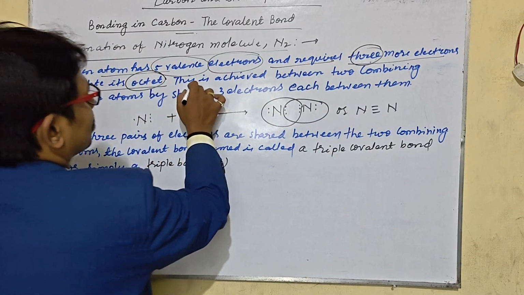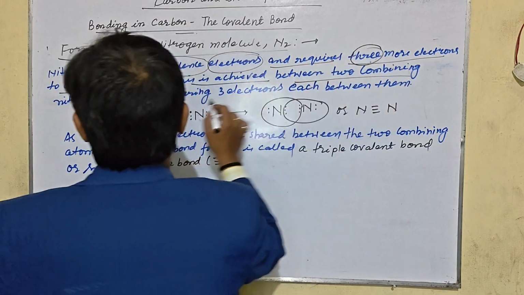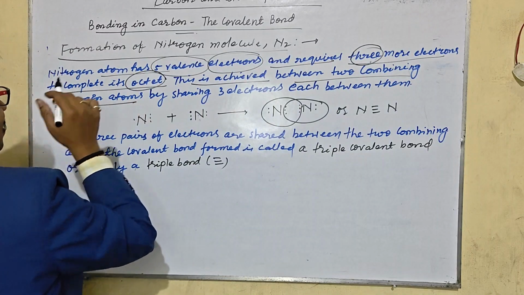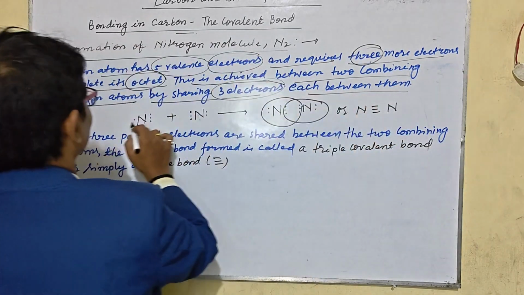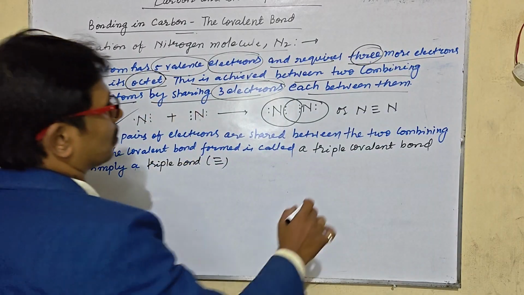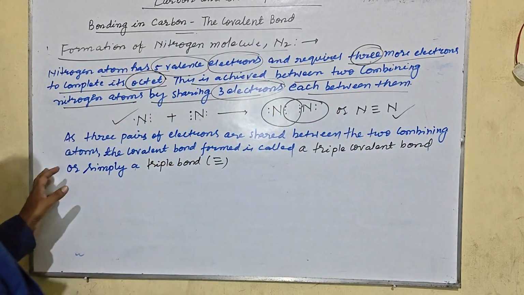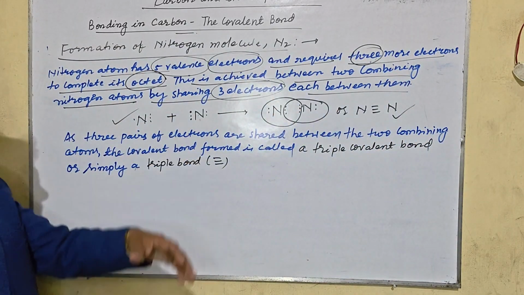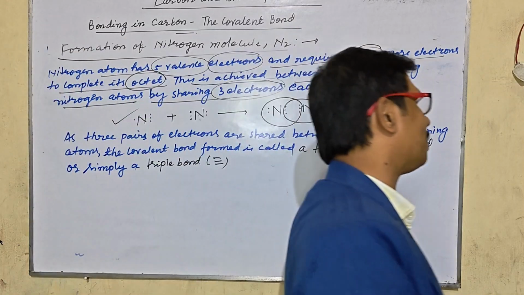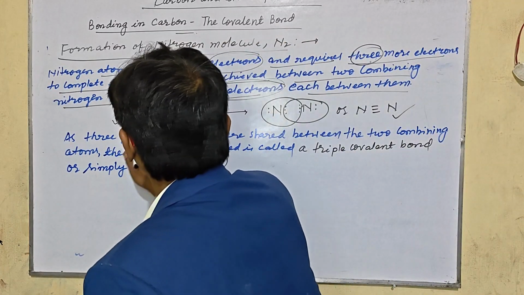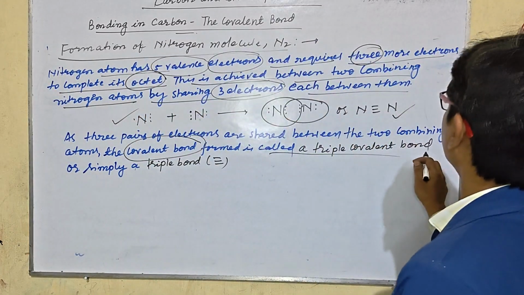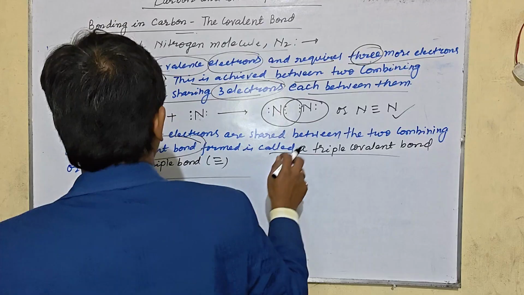This is achieved between two combining atoms of nitrogen by sharing 3 electrons. Let us see the dot structure diagram of nitrogen. Three pairs of electrons are shared between the two combining atoms, so the covalent bond formed is called a triple covalent bond, or simply a triple bond.